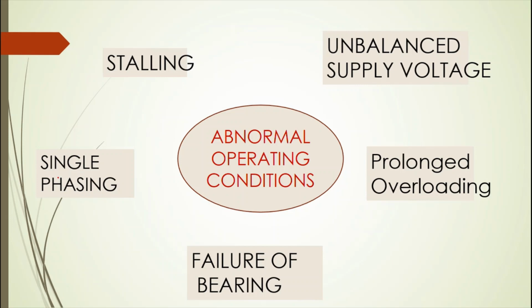The negative sequence current so produced is compared with a preset or predetermined value, and if that negative sequence current is greater than the preset value, a relay command gets activated, and thus the motor is disconnected from the supply.